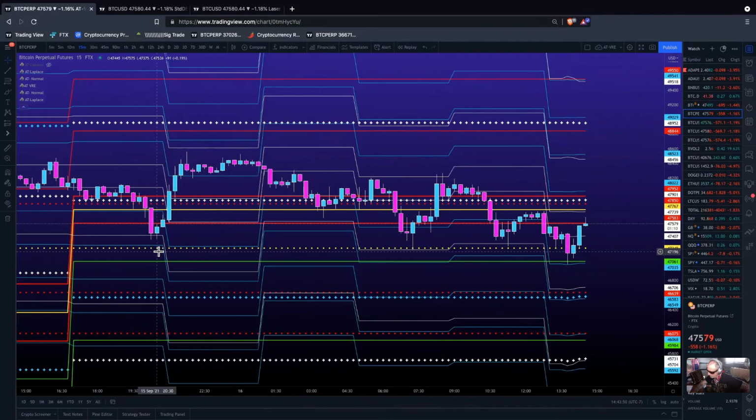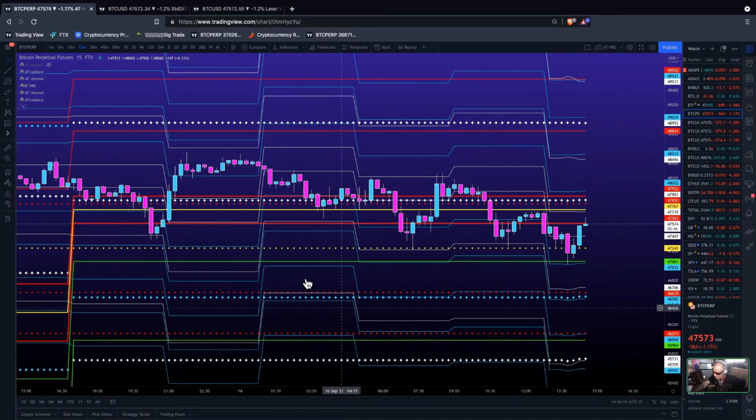We could reject here, though. Like I said, I've been talking all day about this area. On that 4-hour candle, we had the 2SD Laplace distribution and 3SD normal distribution. That's like a magnet for price action.